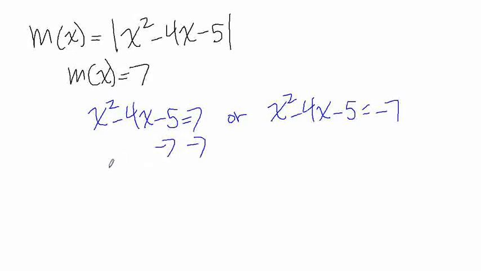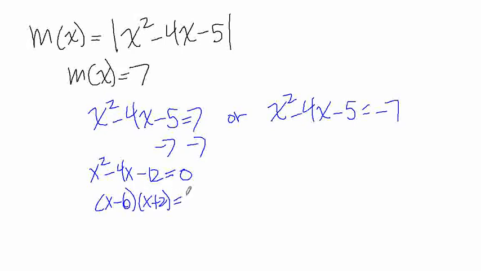So I'll subtract 7 from both sides. And let's see, x minus 6, x plus 2 is what that quadratic factors to. So we know, therefore, that x is equal to 6 or minus 2.